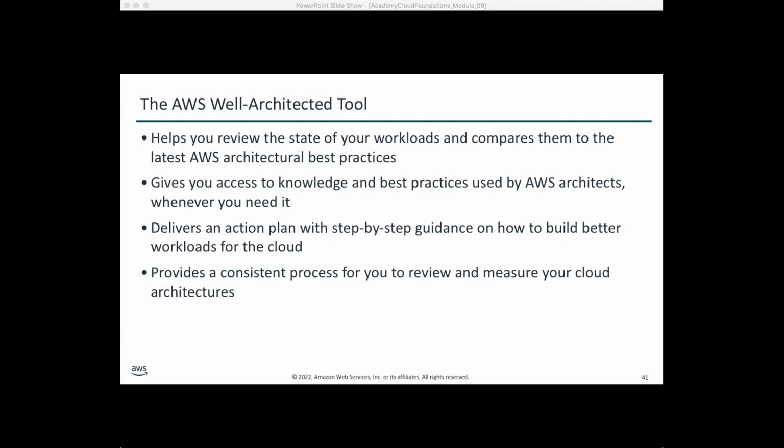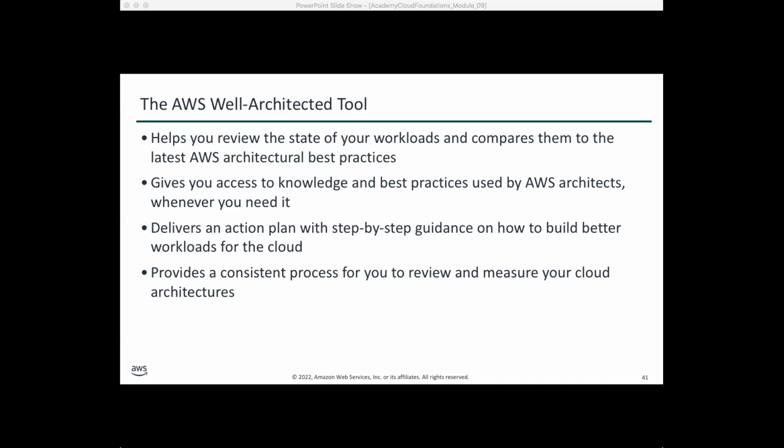This tool is available in the AWS Management Console, right? We define our workload and answer a series of questions in the areas of the 6 pillars we looked at, namely operational excellence, security, reliability, performance efficiency, and the final one was cost optimization, right?